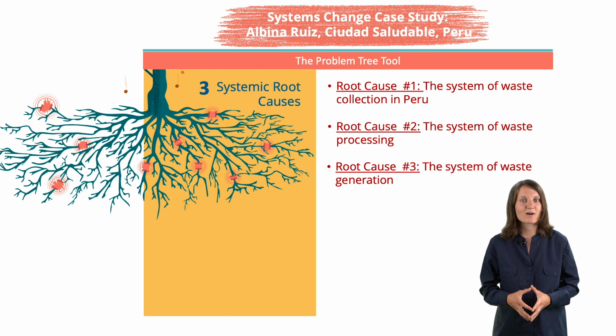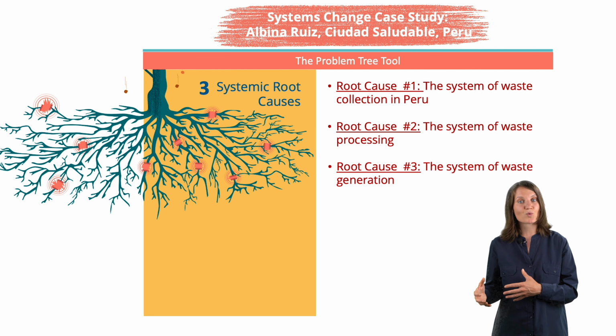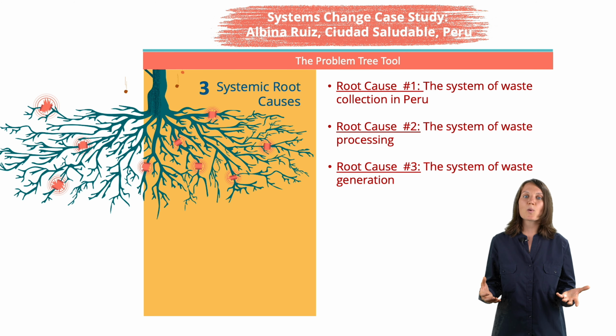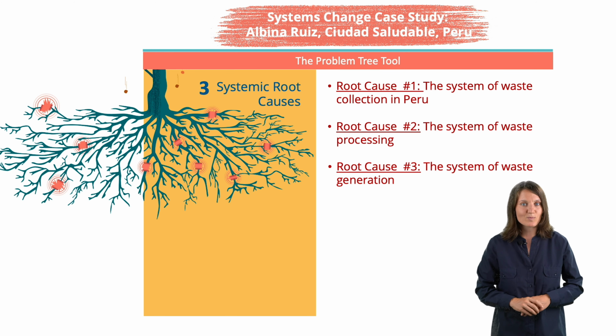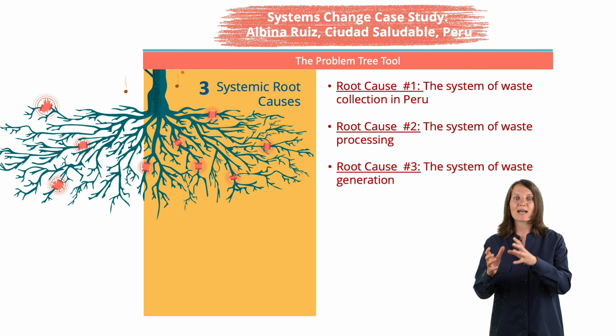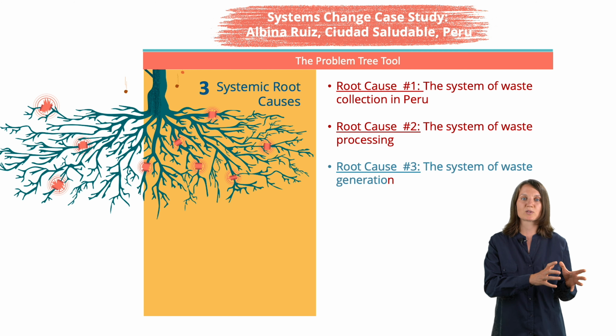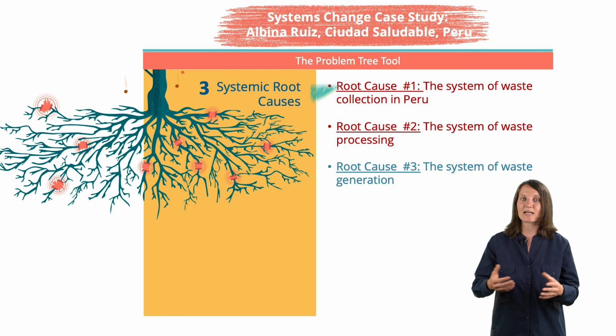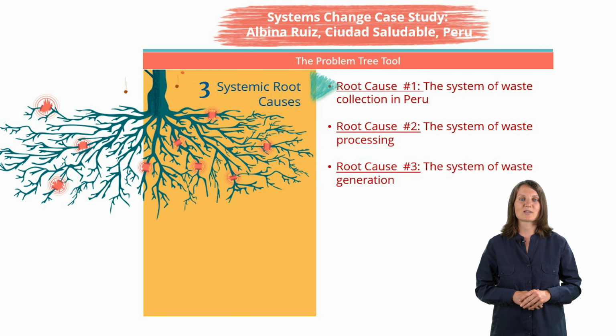Once you have identified systems responsible for the root causes of the big problem, we will ask you to choose one system which you feel is both most relevant for solving the big problem and to which you feel you can contribute most. Our fellow Albina chose the waste collection system.